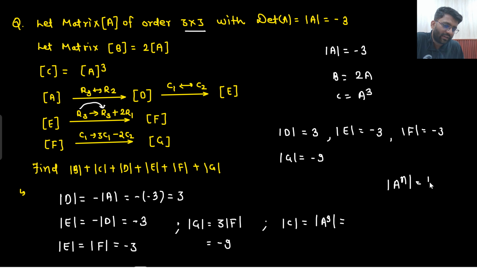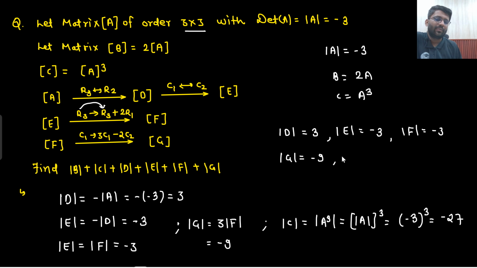Determinant of A to the power n is nothing but determinant of A to the power n. So determinant of A cube, determinant of A is -3, cubed, which will be -27. So determinant of C is coming out to be -27.